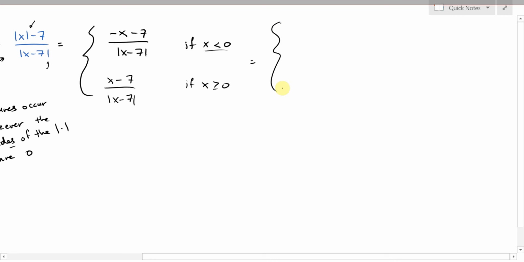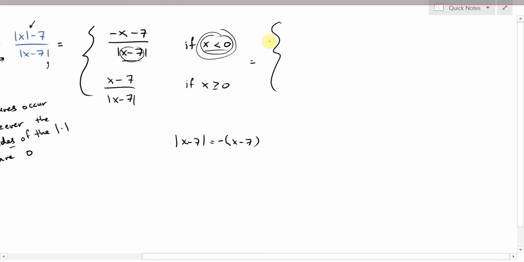Now, I want you to notice something. If x is already negative, then subtracting 7 only makes it more negative. So for x less than 0, certainly x minus 7 is already negative. So when you take its absolute value, the absolute value of a negative number is just going to equal negative that number. The negative will cancel the implicit negative here.